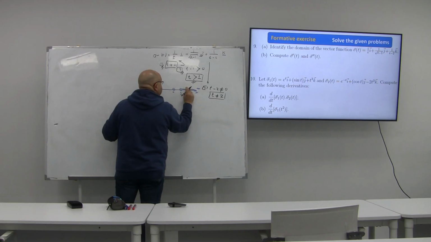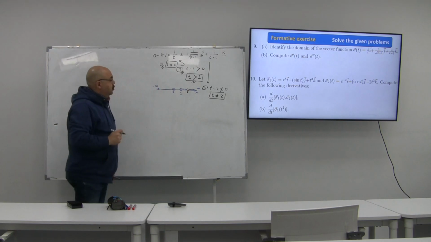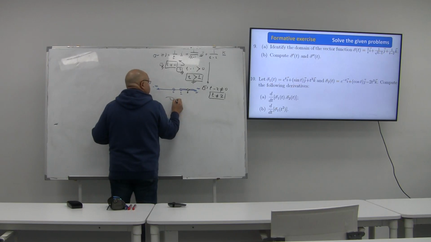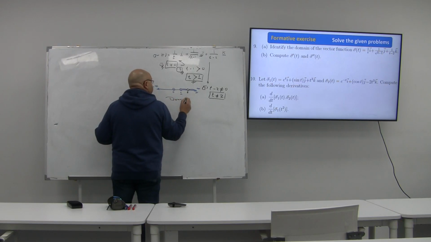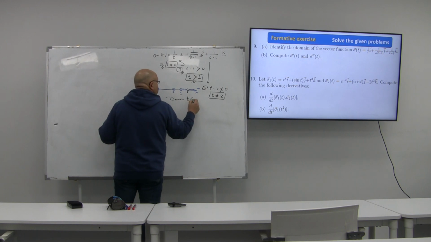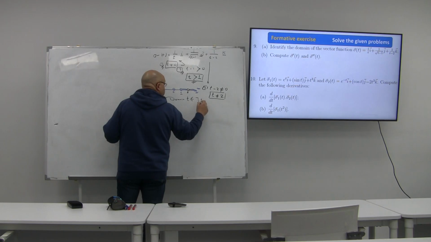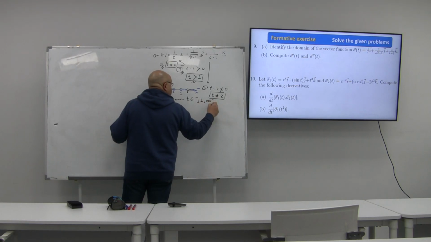So this is going to be an open circle like this, or an open point. So the domain of rho of t is t belongs to the open interval from 1 up to infinity, except the value of 2.